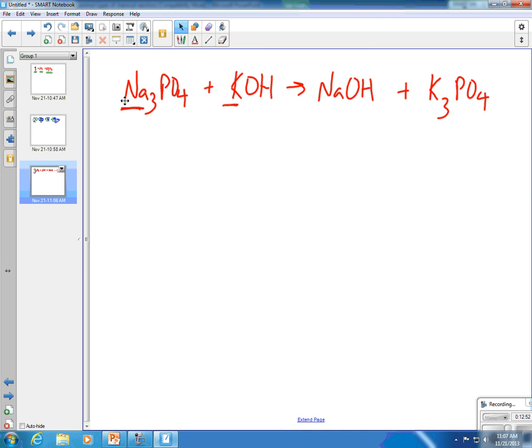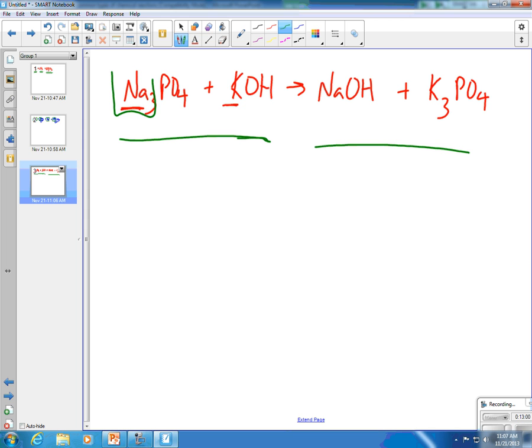If we look from our reactant side to our product side, we can see that the sodium that was with phosphate is now with hydroxide, and the potassium that was with hydroxide is now with phosphate. So we have two things switching places, which is a little more complex than the single replacement.